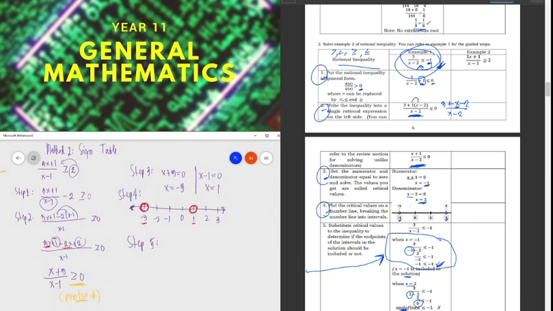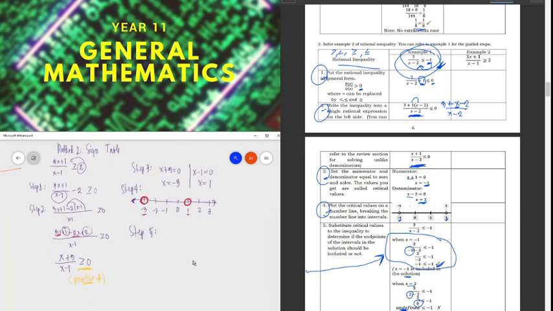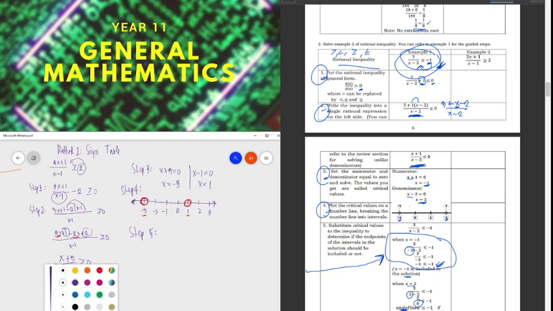We are just going to make use of the single rational expression. Again, we're going to consider 3 parts because we have 2 critical values: going to the left, then between, and going to the right.